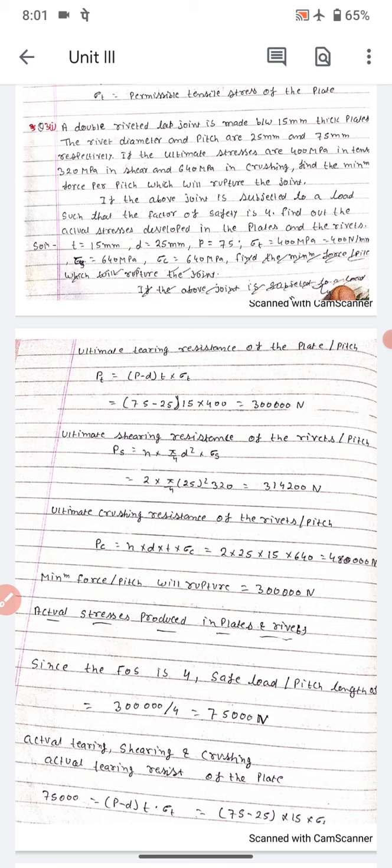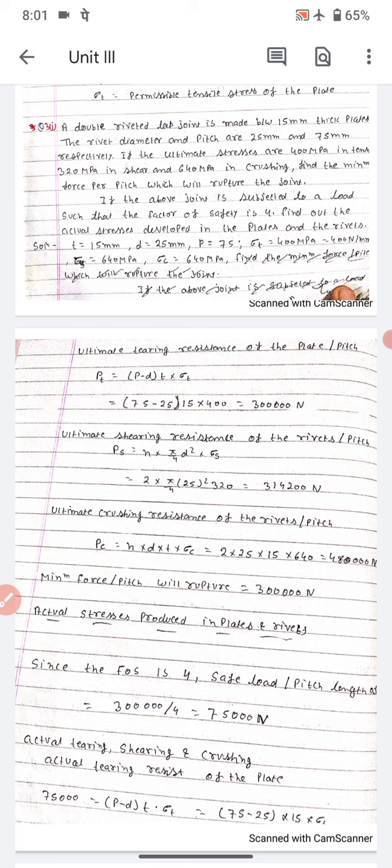As we had seen, there are four types of failure in a riveted joint.